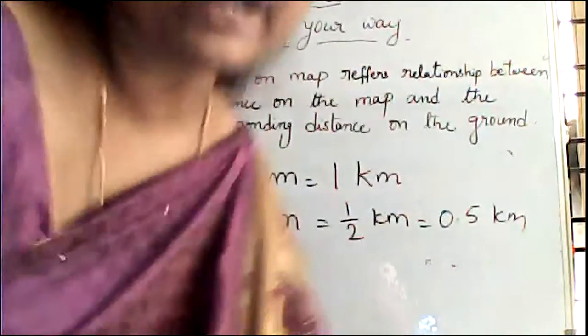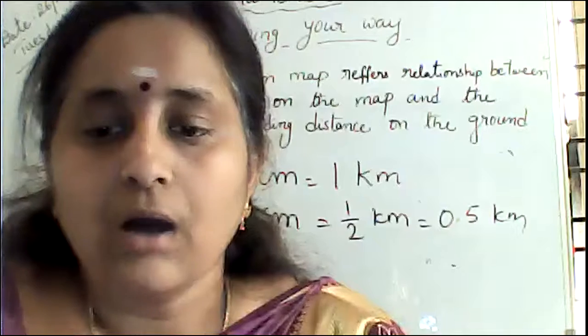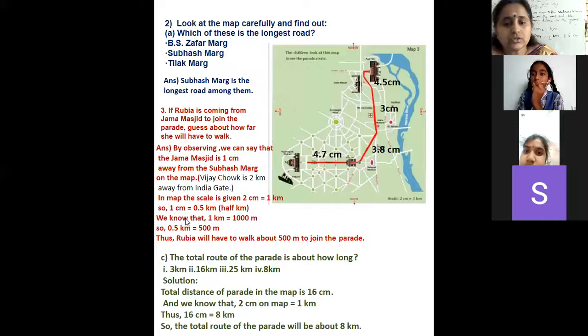That means Ruby has to walk half kilometer to reach the parade. 1 kilometer is 1000 meters, so half kilometer means 500 meters or 0.5 kilometer to join the parade.